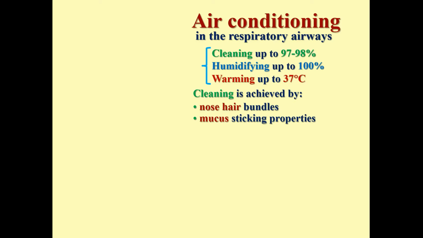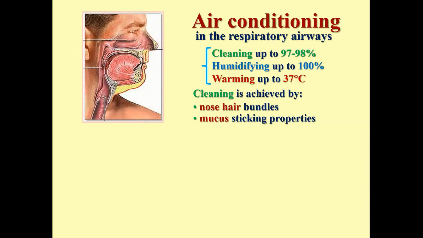Mucus covers the mucosa. Why is mucosa called this way? Because it's covered by mucus produced by goblet cells, and this mucus is sticky. So if a particle suspended in the air comes in contact with the mucus on the walls of the bronchi, these particles become simply glued to the mucus.